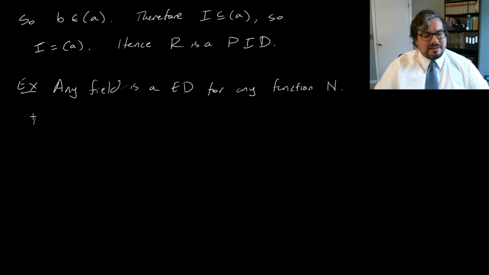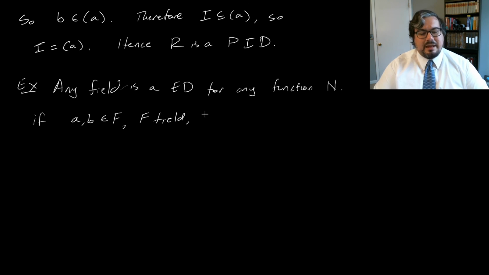And this is because if A and B are in a field F, and B is not equal to 0, then we can always write A as AB inverse times B plus 0.